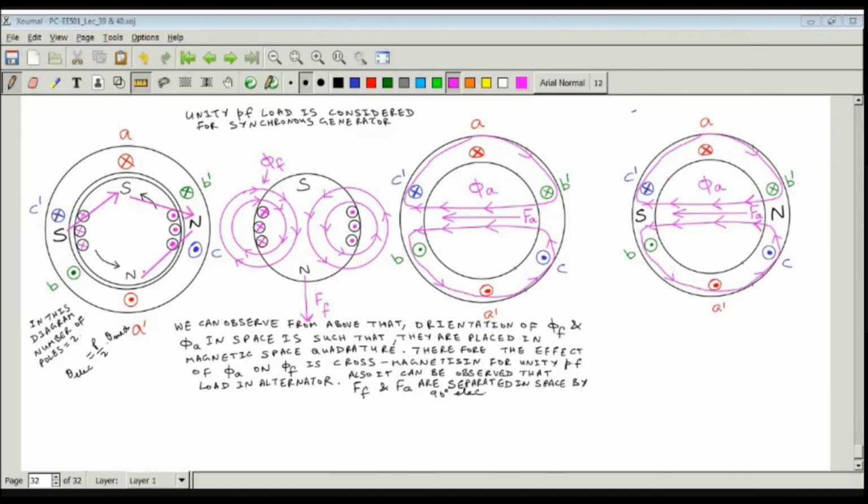Again, this thing will repel, and again this thing will get attracted. This is repulsion.